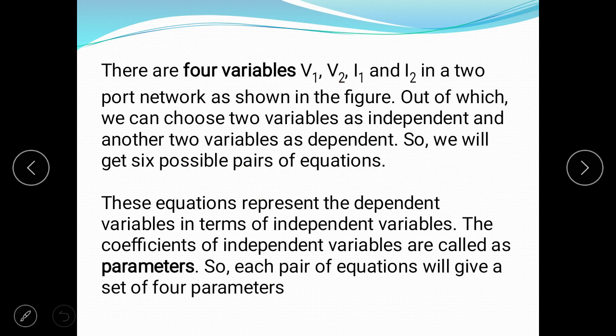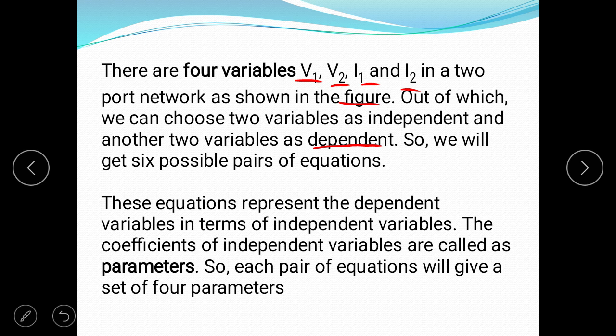So there are four variables V1, V2, I1 and I2 in a two-port network as shown in figure, out of which we can choose two variables as independent and another two variables as dependent.